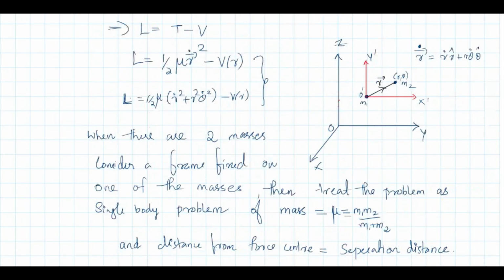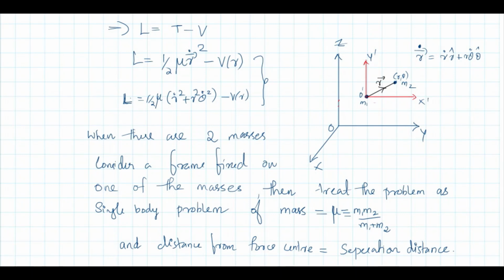So we can conclude that when there are two masses, consider a frame fixed on one of the masses, then treat the problem as a single body problem of mass mu equal to m1 m2 divided by m1 plus m2, the reduced mass of the system, and distance from the force center equivalent to the separation distance between the two masses.